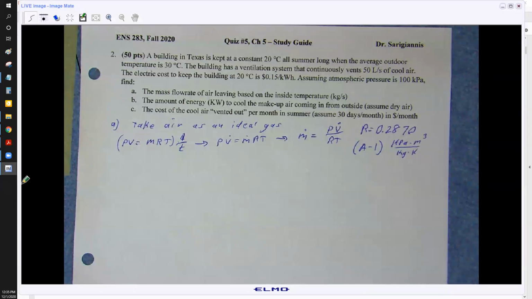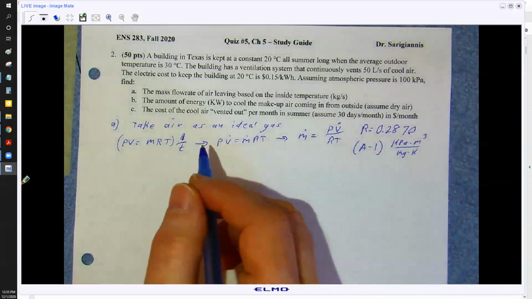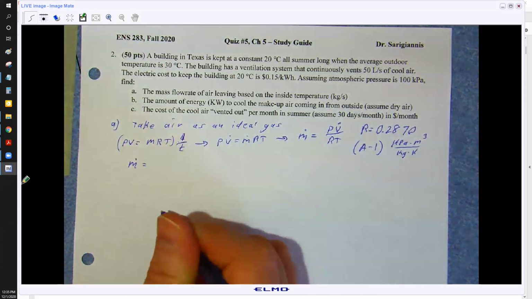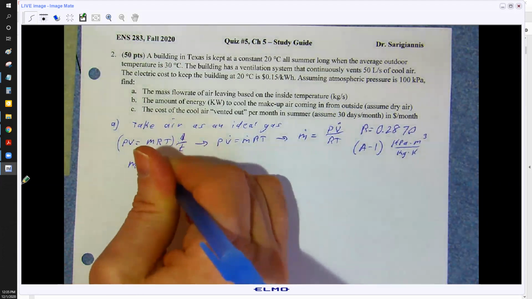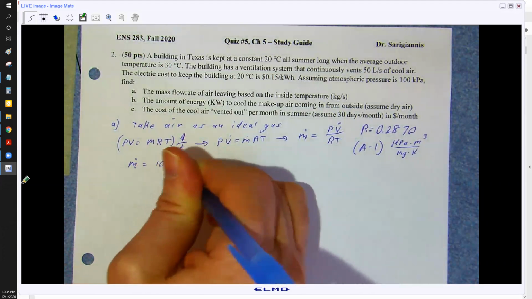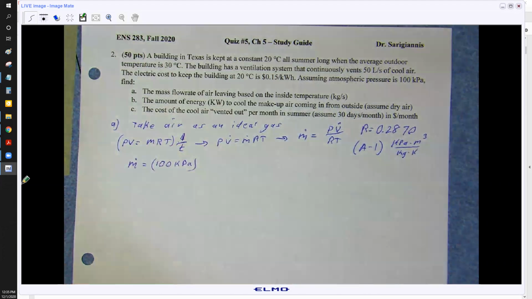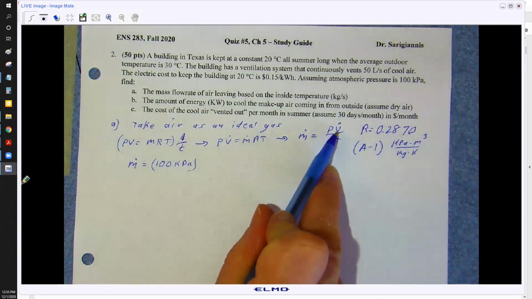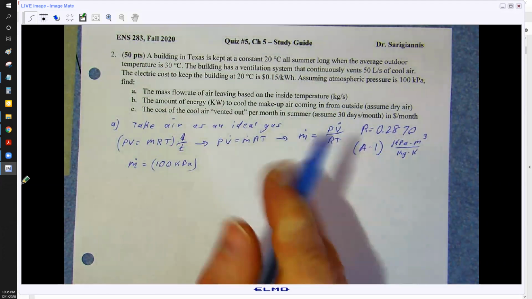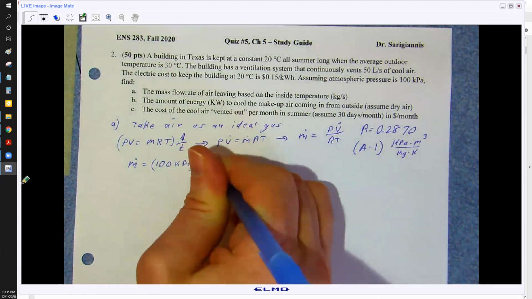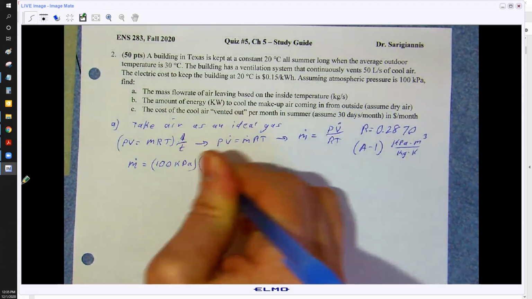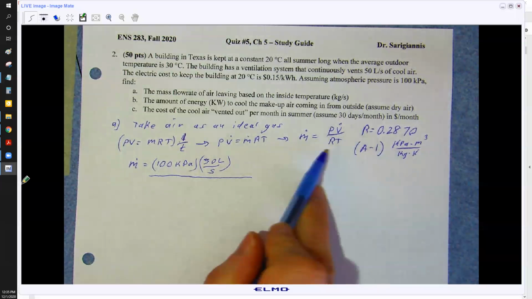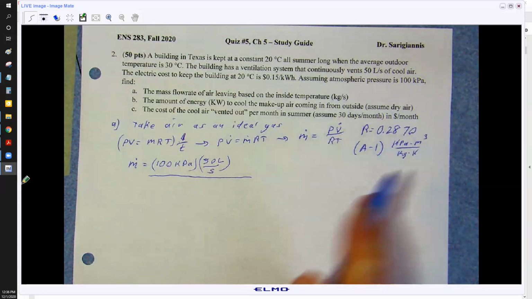All right, so it should be relatively straightforward to get a mass flow rate. Let's put the numbers in and see what happens. 100 kPa, right? This is atmospheric pressure. The volumetric flow rate is 50 liters per second. Underneath, we've got R and we've got T. So 0.2870.